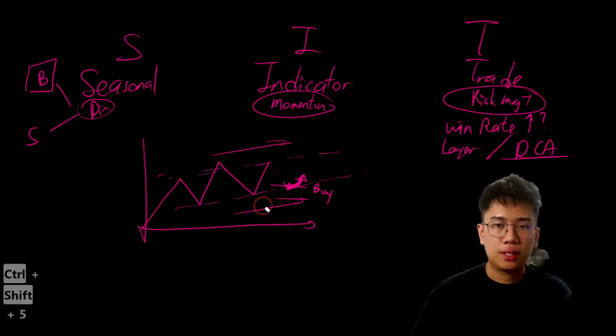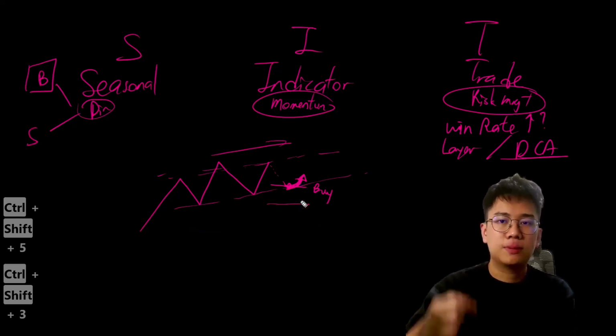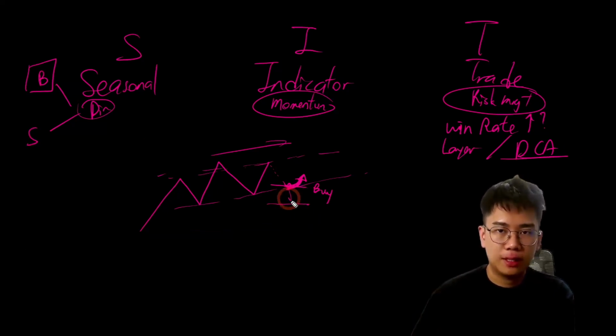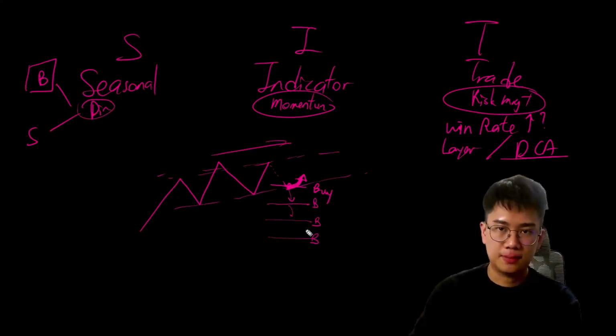So later I would like to see you guys do this action as well: when you make a buy, just be prepared. If the price gets even lower, you buy again. If it gets even lower, you buy again. We will do this step by step in the live trading as well.